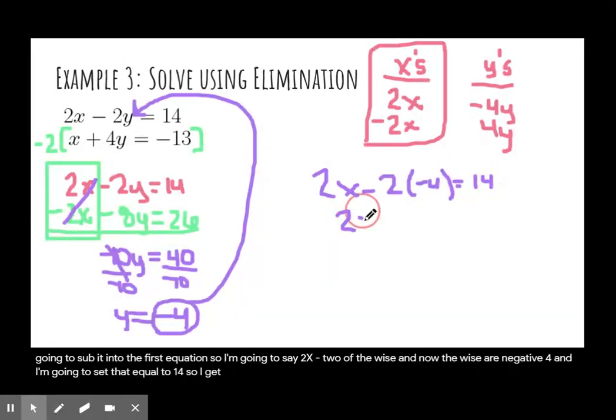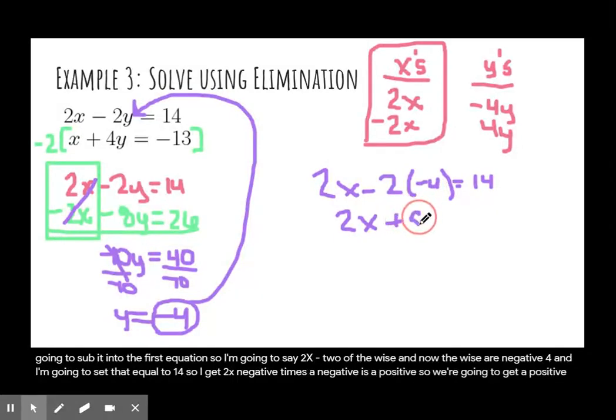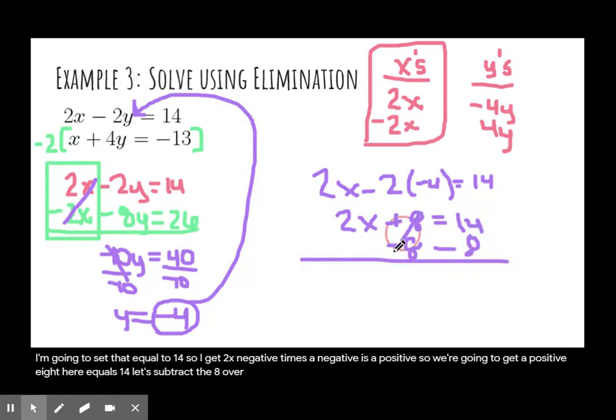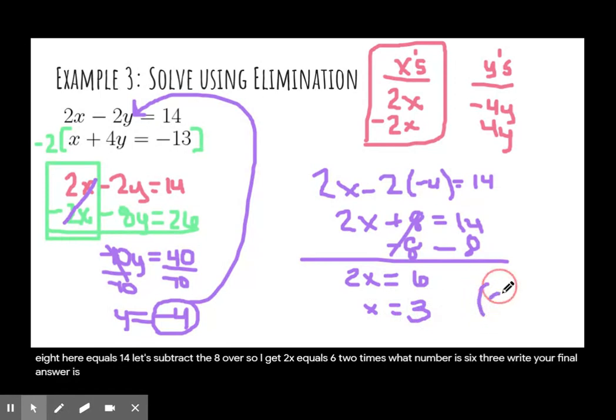So I get 2x, negative times a negative is a positive, so we're going to get a positive 8 here, equals 14. Let's subtract the 8 over. So I get 2x equals 6. 2 times what number is 6? 3. Right, your final answer is an ordered pair. So we get 3, negative 4.